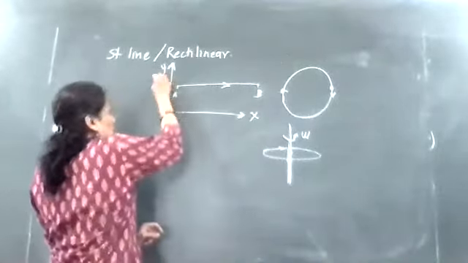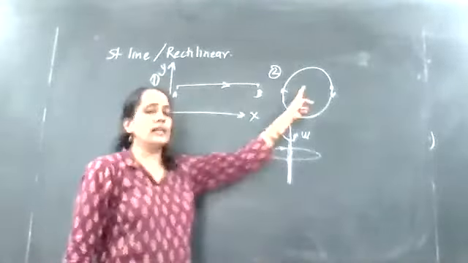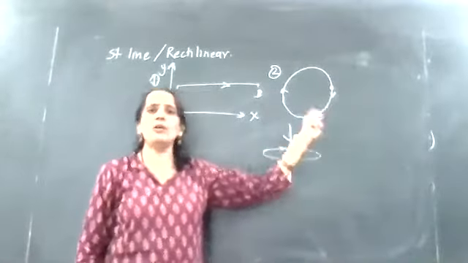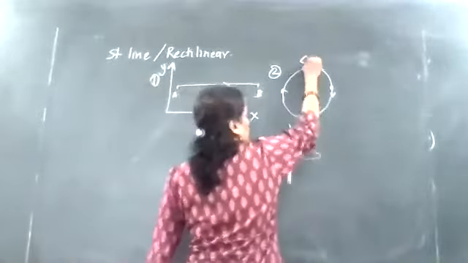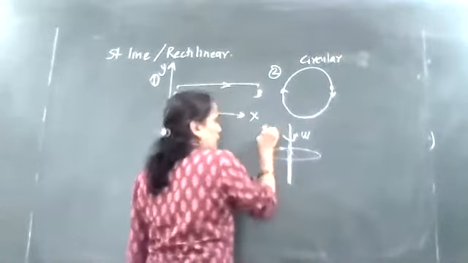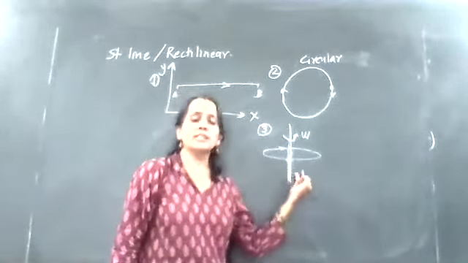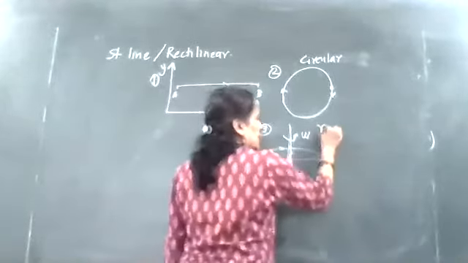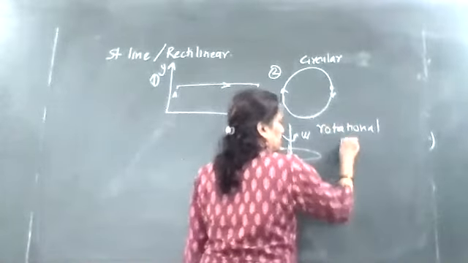Second, circular motion, along the circumference of a circle. And third, rotational motion, when the particle rotates about an axis of rotation with constant angular velocity.